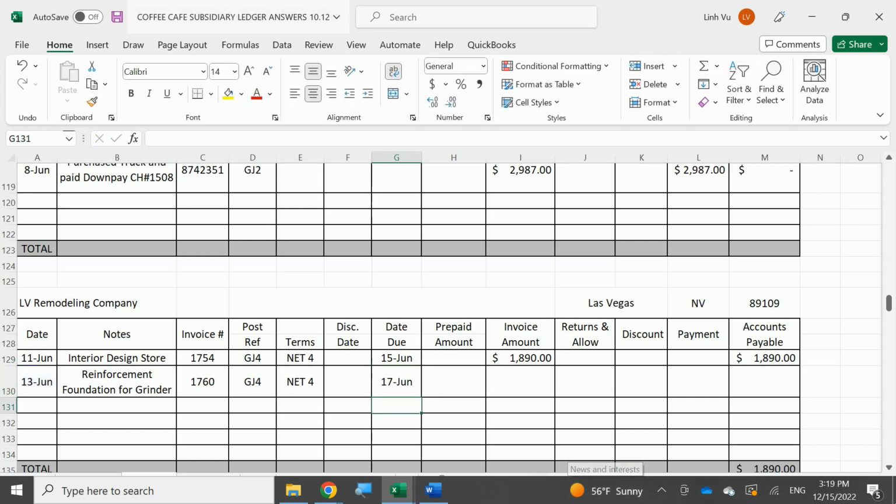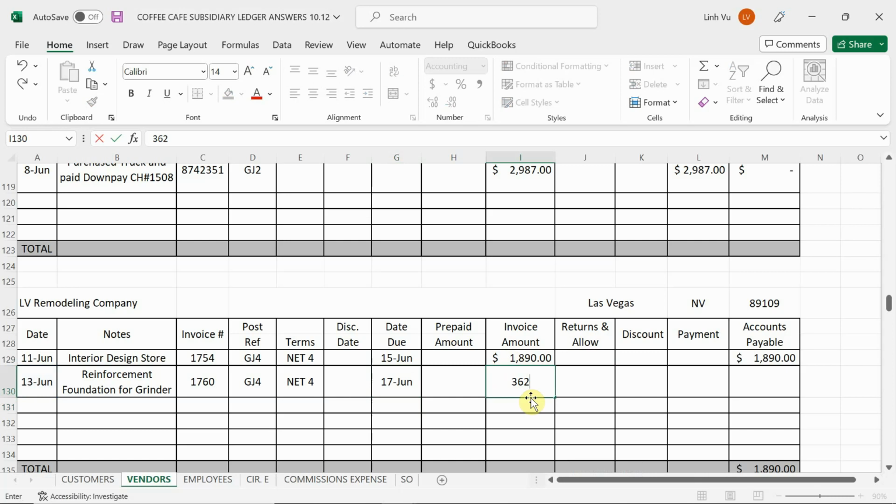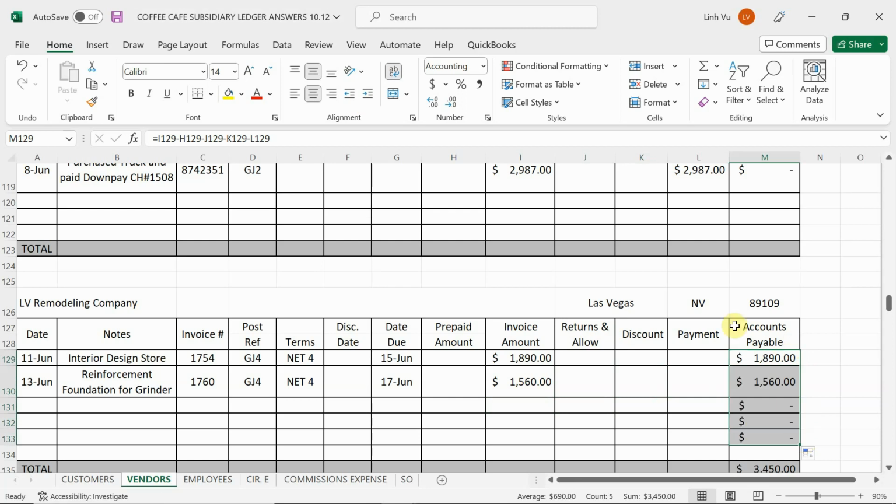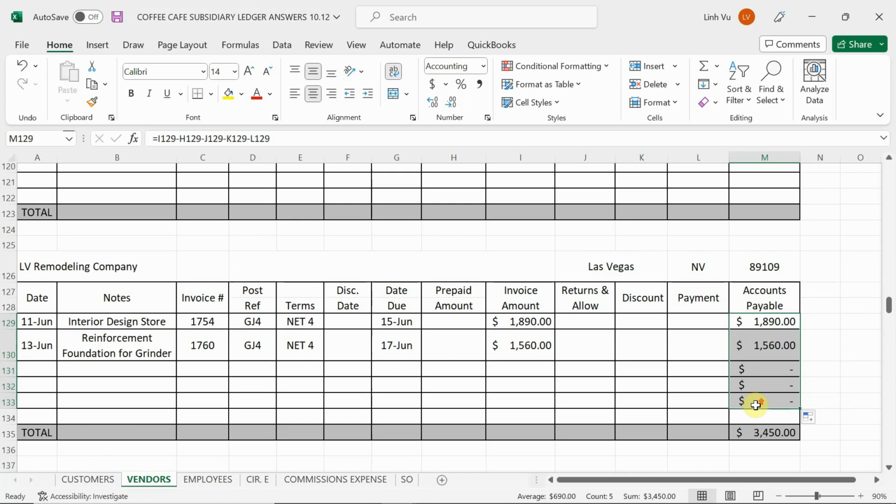Okay, and for what total amount? $1,560. Okay, so therefore, if you have your formula in here correctly, it should show that for that bill, you owe $1,560. So that means in grand total, at the bottom in gray, for the two invoices, you owe a total of $3,450 to LV Remodeling. Okay?